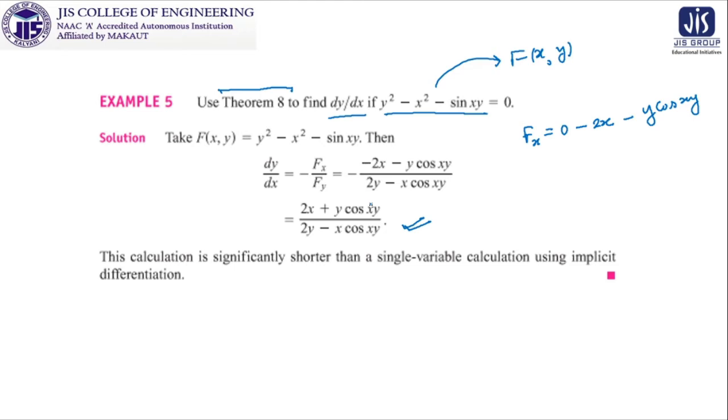Now this calculation is significantly shorter than the single variable calculation using implicit differentiation. What does it mean? If you want to find dy dx by the earlier method, we have to start with 2y dy dx minus 2x minus, and then differentiate sine of xy, which will be cos of xy, and then xy is differentiated with respect to x as a product of u and v, and then take this equal to 0, take dy dx common, and dy dx will be achieved from this calculation.